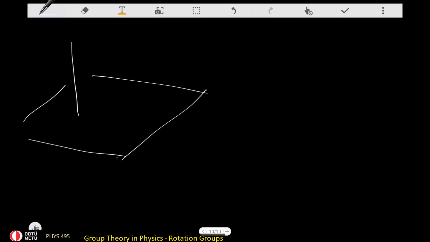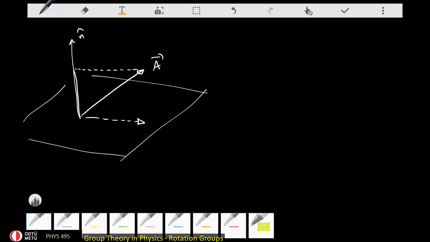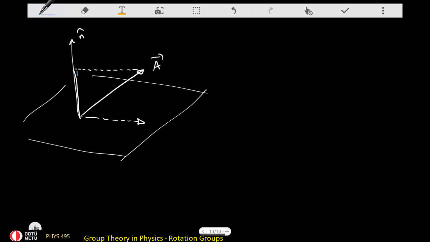So this time, this is the rotation axis. I'm going to think about a vector A, which may or may not be within that plane. Okay, so I'm going to decompose this vector A into these two components. Let me show them with a different color. Let's say one of them is blue.